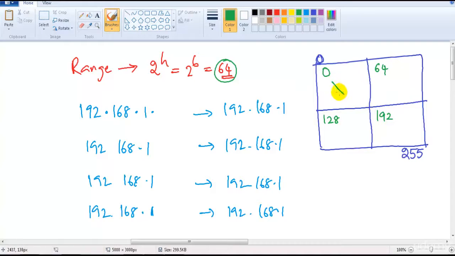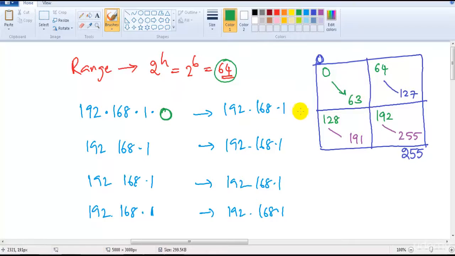You can see the next network starts at 64, which means my network ends at 63, and then my network ends at 127, and then my network ends at 191, because the next network starts at 192 and it ends at 255. This is rough, so I'm going to write it in fair.